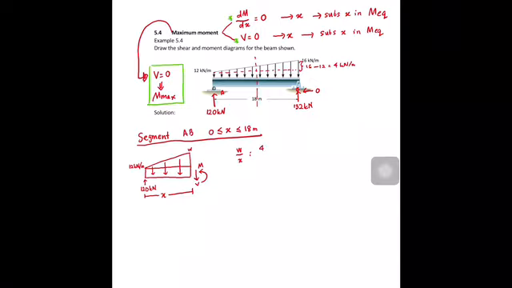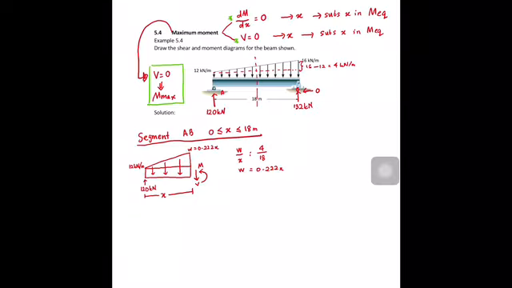So the magnitude of the big triangle is 4, the distance is 18, then your W is equal to 0.222x.